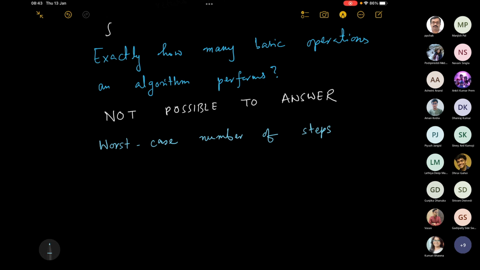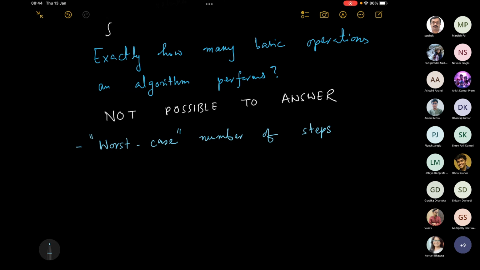Let me not write basic all the times. Among all possible inputs, you see which one takes the maximum number of steps. Let's use that number only.